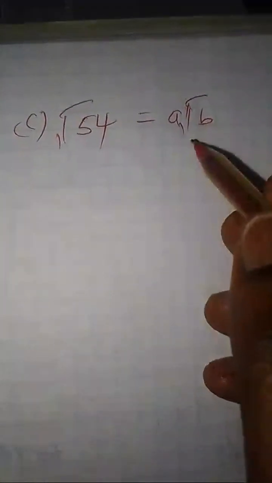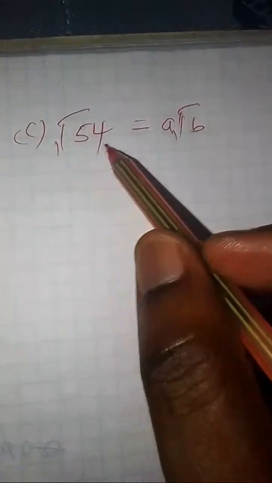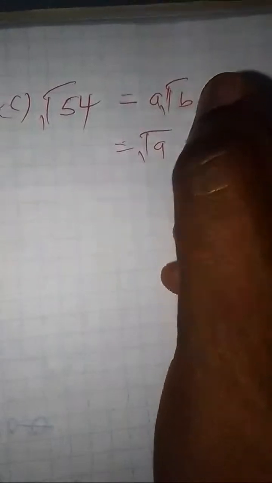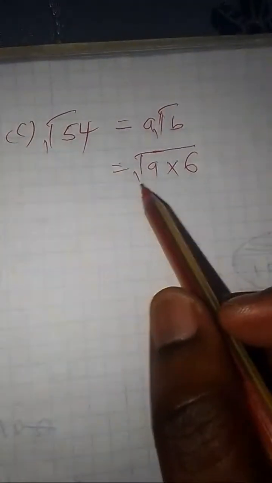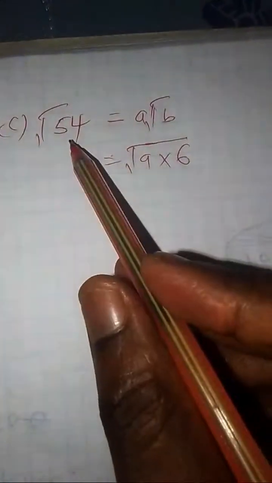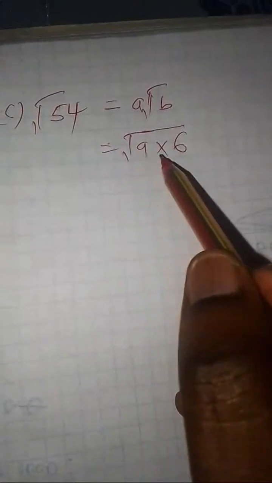You are asked to convert root 54 into the form A root B. Here we must have a number that is a perfect square. So we can write it as root of 9 multiplied by 6, because 9 times 6 is 54.